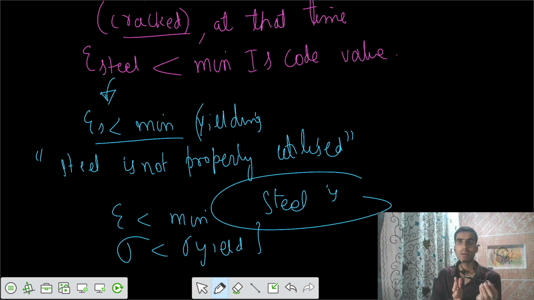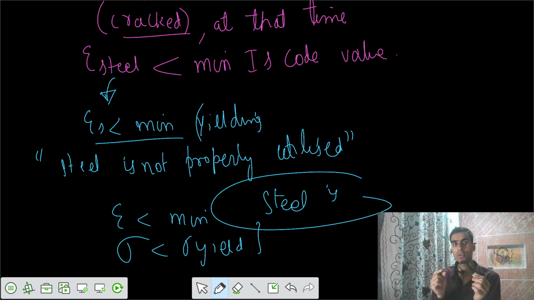That means there's a lack of knowledge or lack of concepts. We need to ensure that the costlier material we are using, we should utilize it. Why should we waste the material by keeping that steel bar inside the section? We should utilize its strength. So for that, we should not prefer ORS.